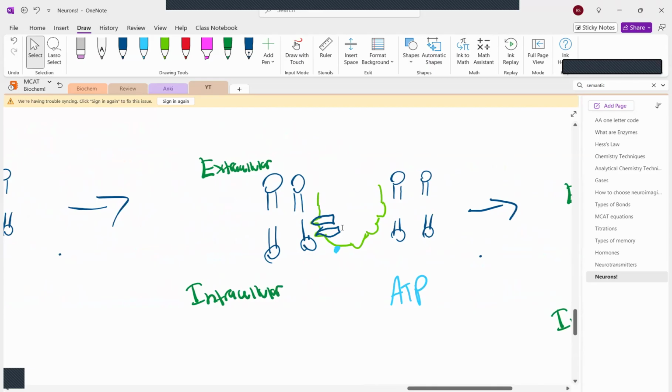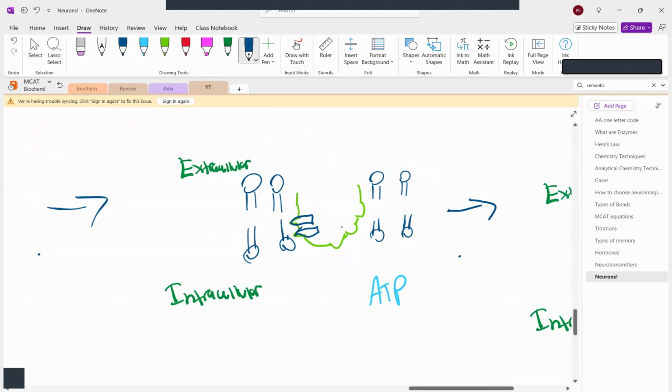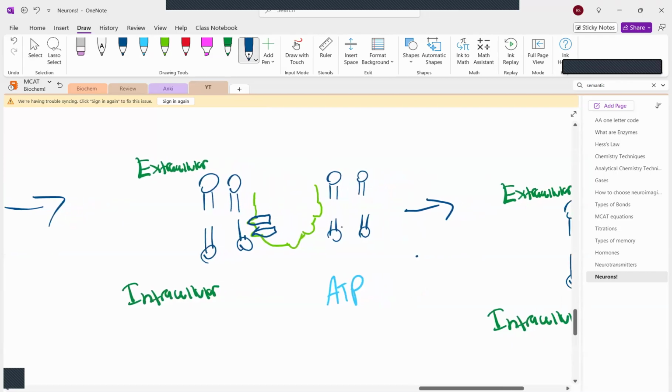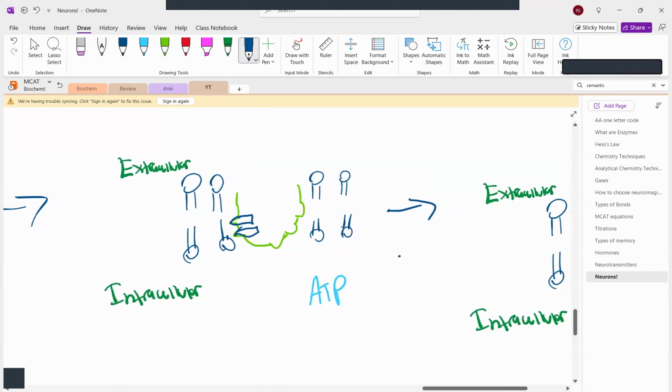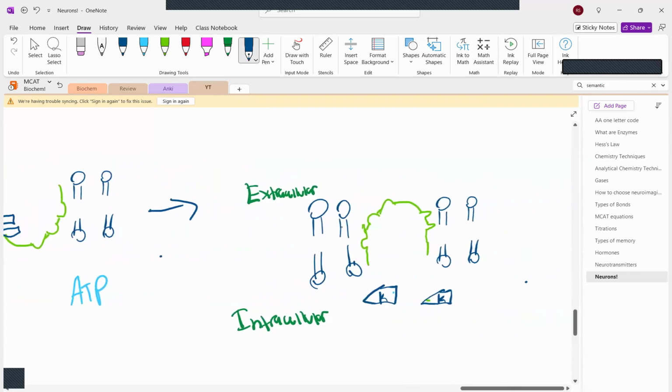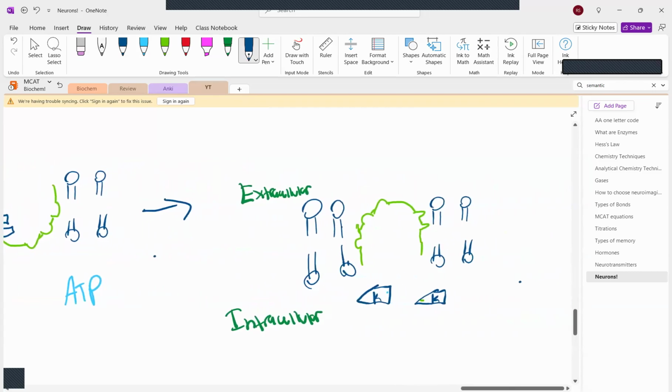And first, I should say, when it's still facing the outside, the potassium will bind into the ATPase. And then with that phosphate no longer on the ATPase, what happens? It faces the intracellular matrix again, and then the potassium will go off into the sunset, into the intracellular matrix.